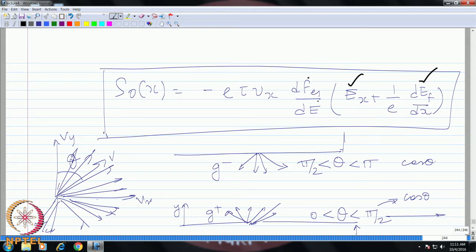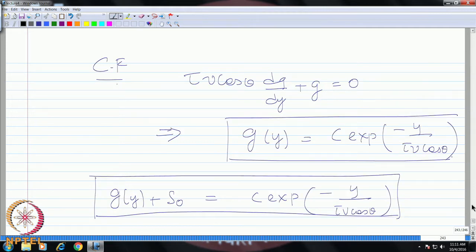So, now what we can do is solve for G, which gives you the non-equilibrium distribution function. So, as we saw that if you solve for G, the full solution becomes G of y plus S naught is equal to this. Now, G is not only a function of y, but also a function of theta.